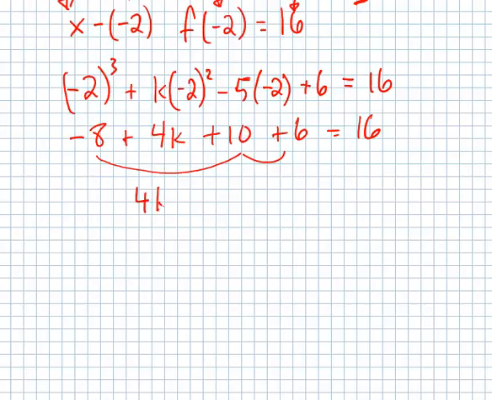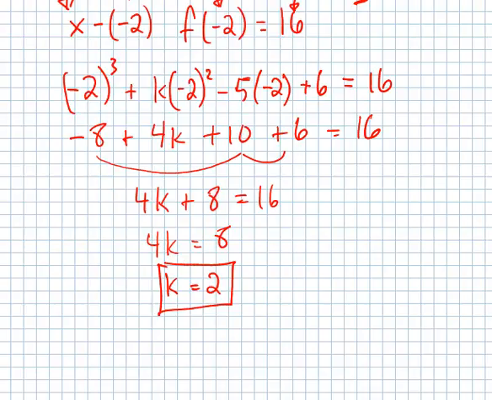That gives me 4k plus 8 equals 16. If you subtract 8 from both sides, you get 4k equals 8. In other words, k equals 2.